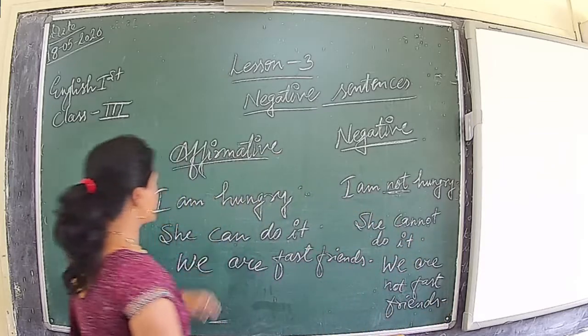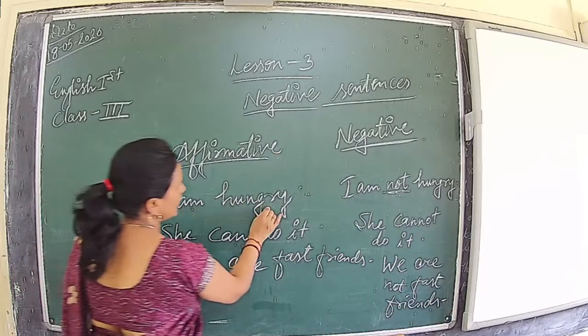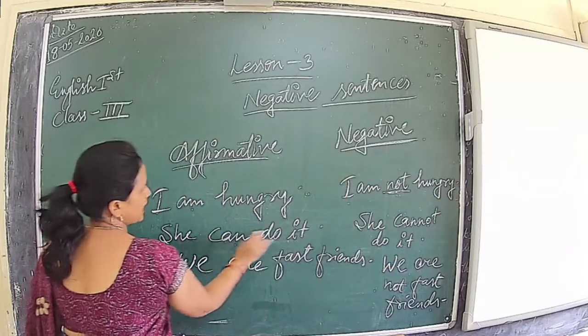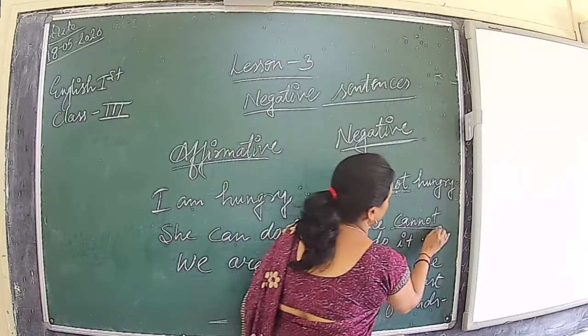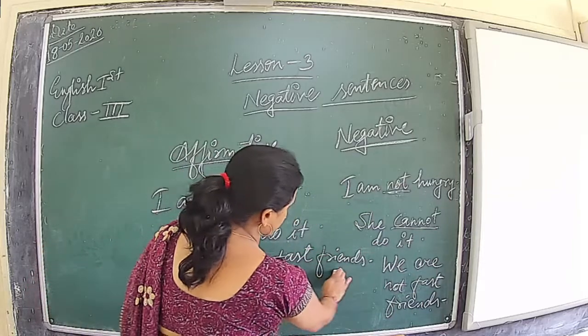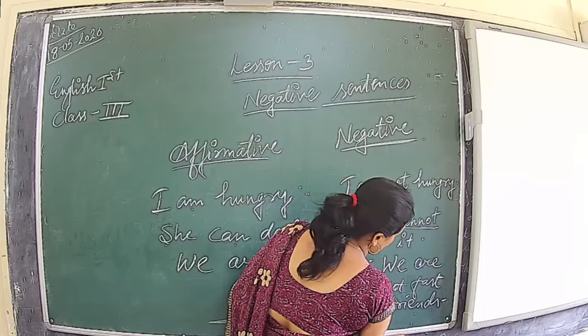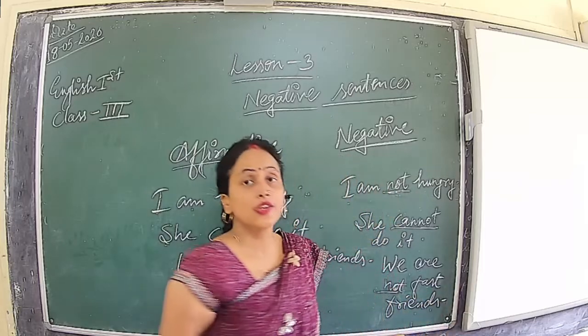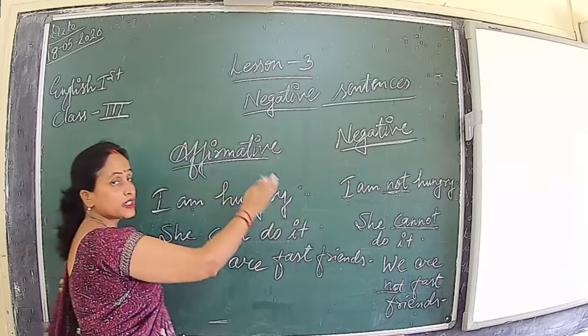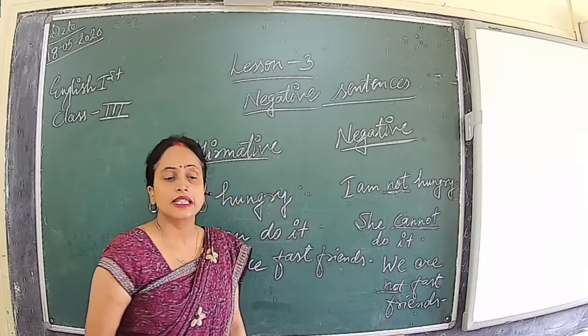So, now it is clear. I am hungry, I am not hungry. She can do it, she cannot do it. We are fast friends, we are not fast friends. So, this is the difference between the affirmative sentence and the negative sentence.